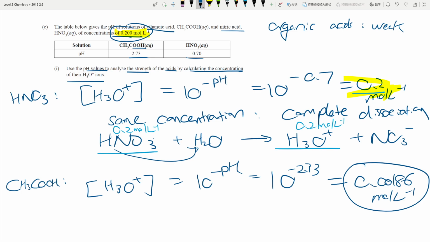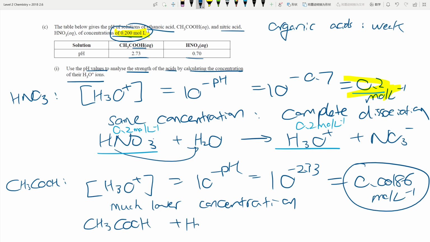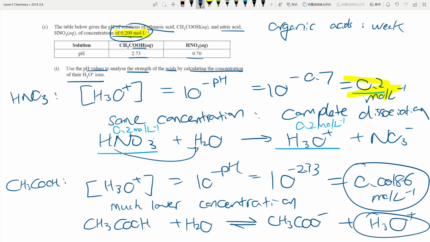This is much less, a much lower concentration. So that means one thing, that a partial dissociation has occurred. So your CH3COOH reacting with water has partially dissociated, and you made a very small amount of H3O plus ions. Okay, because it's a partial dissociation, and the numbers just confirm that.